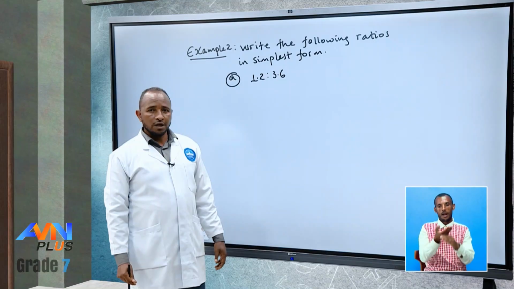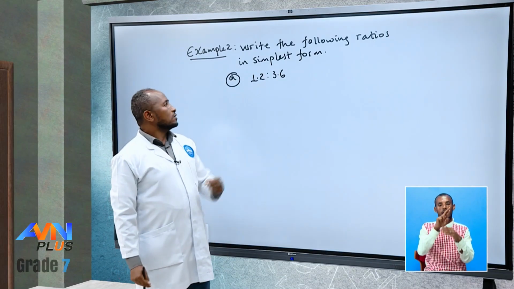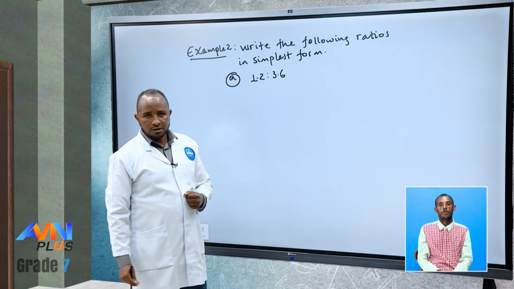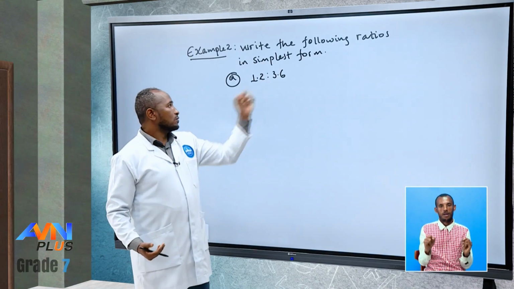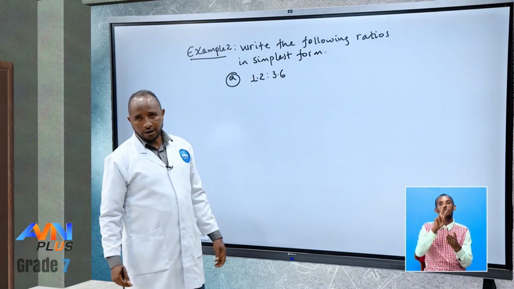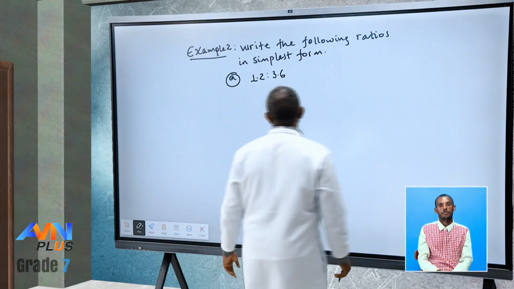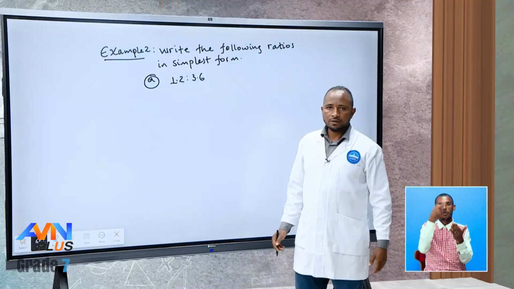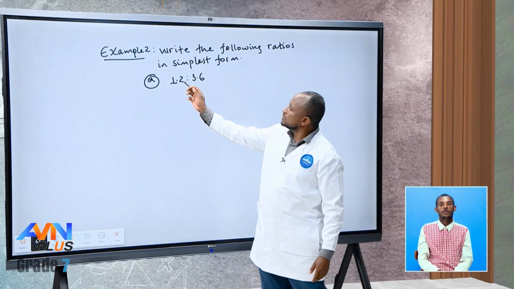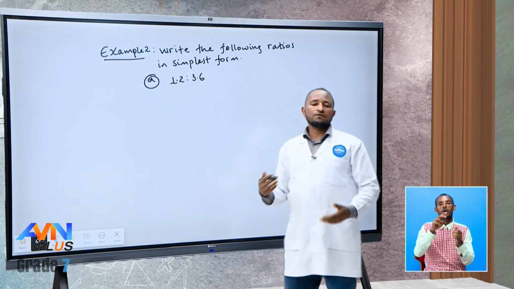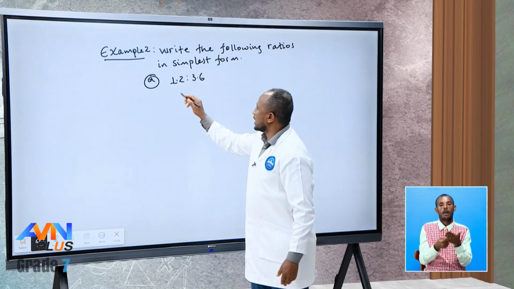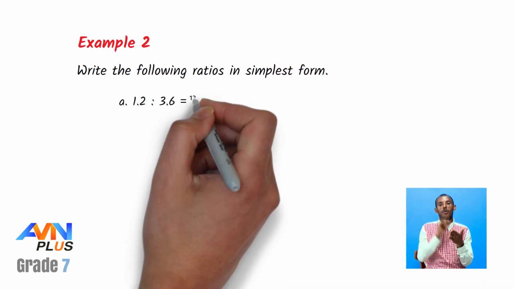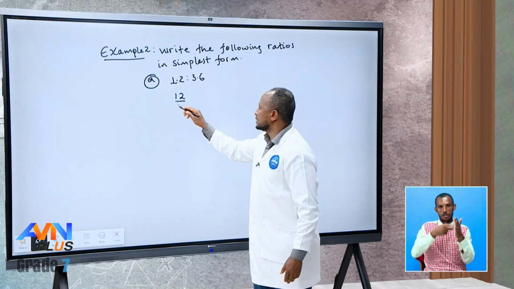Earlier, as we said, ratio means comparing the two things by dividing. So we can compare these two by dividing. Here, 1.2 can be written in fraction form as 12 over 10.